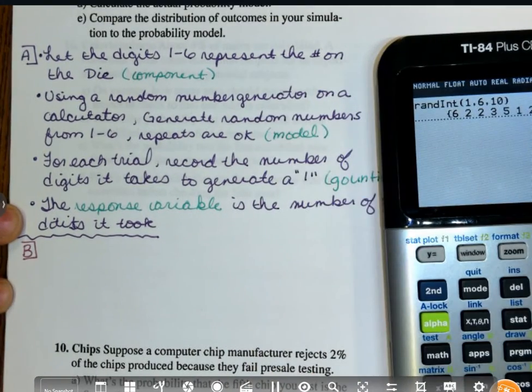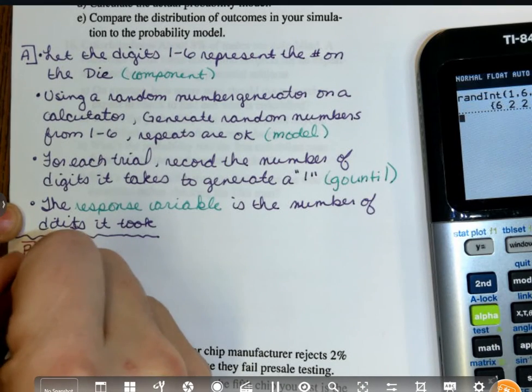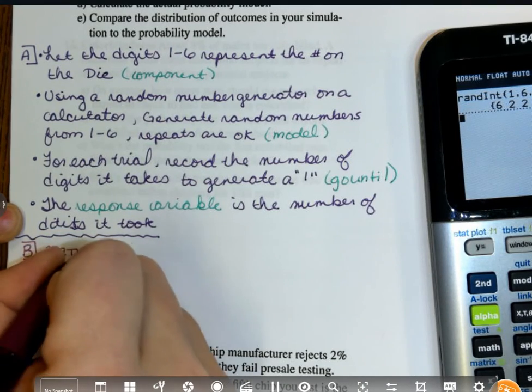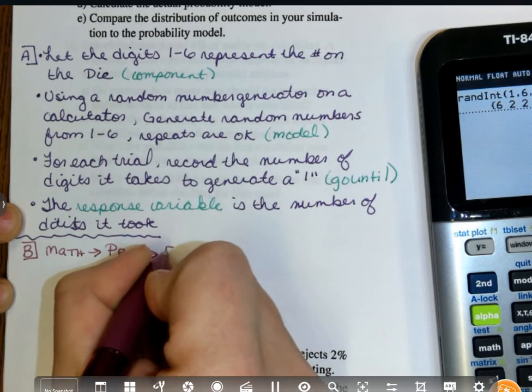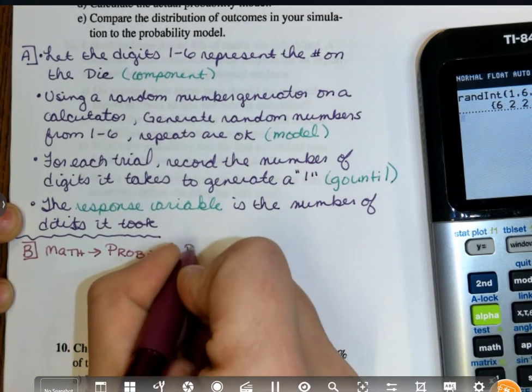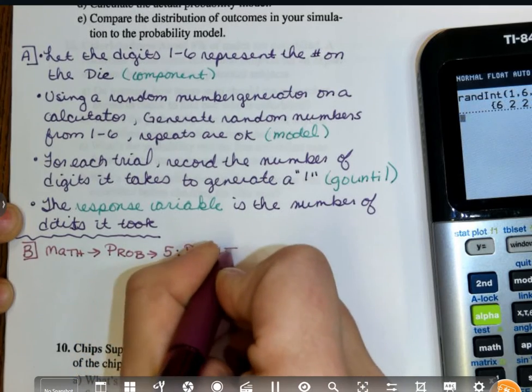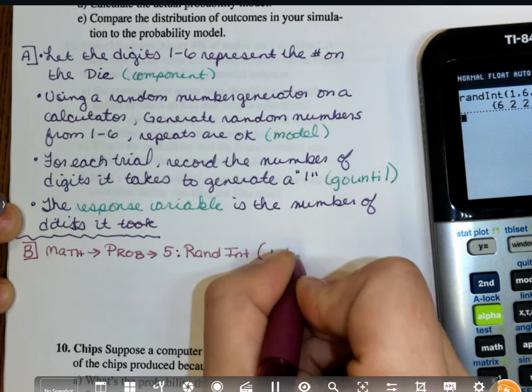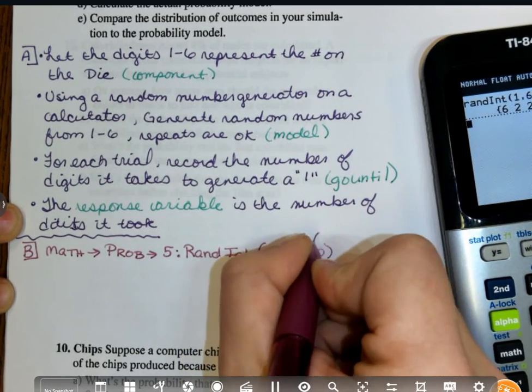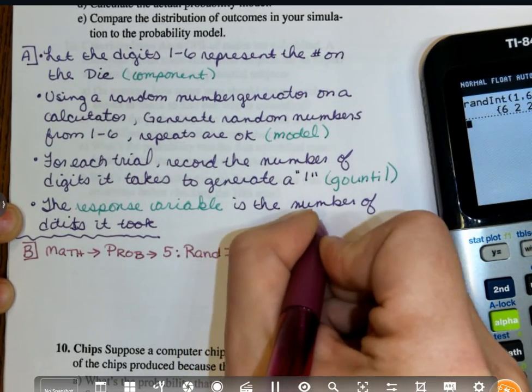So just to make sure that you understand what I did, that was from Math. We went to Probability. Then we went to 5, which was randInt. And then I did from 1 to 6, and I picked a number that was easy to count by.